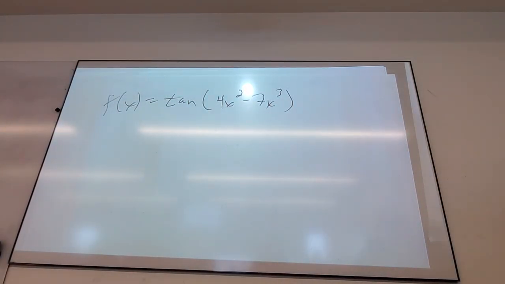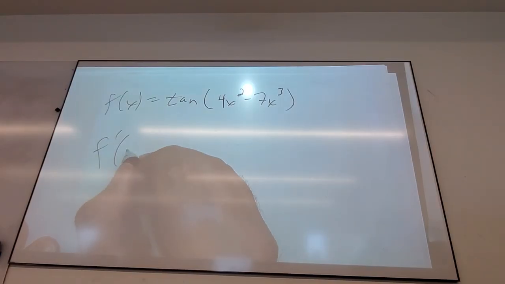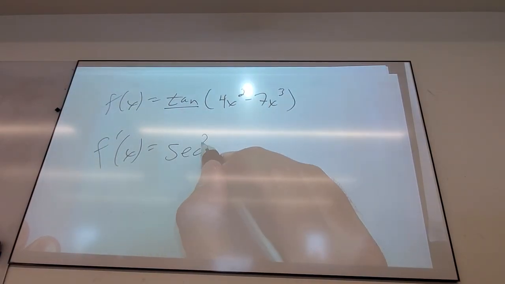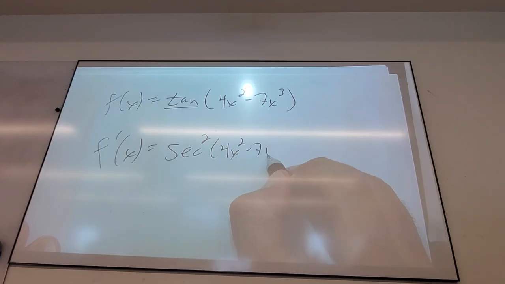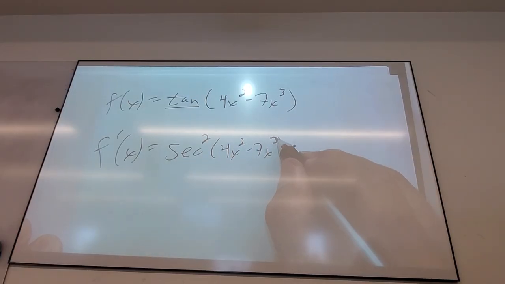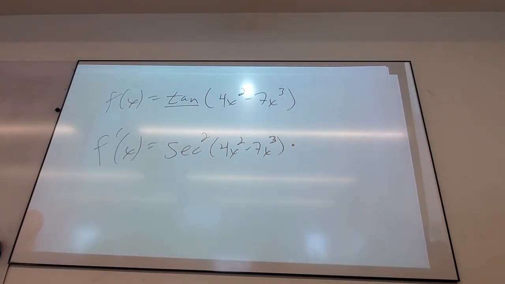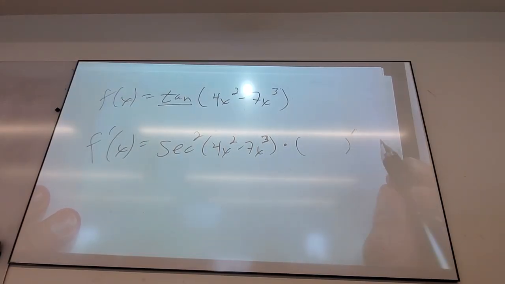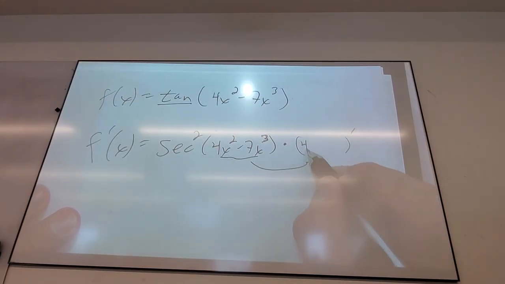Secant squared of stuff, yes? So the outside function gets its own term, secant squared of stuff. You see how the inside does not change. Linked with, what function hasn't gotten its turn yet? The inside. Derivative of the inside.